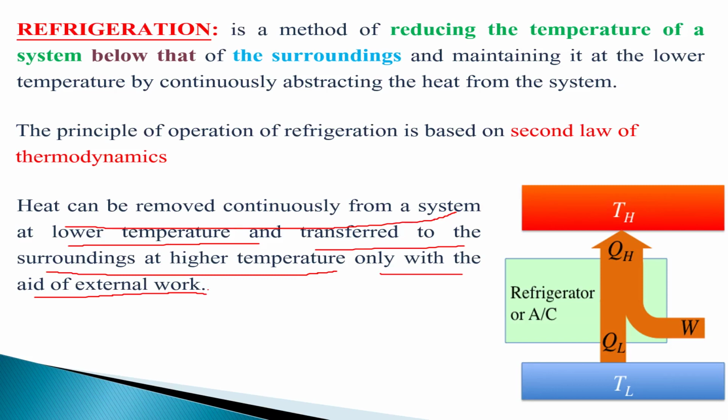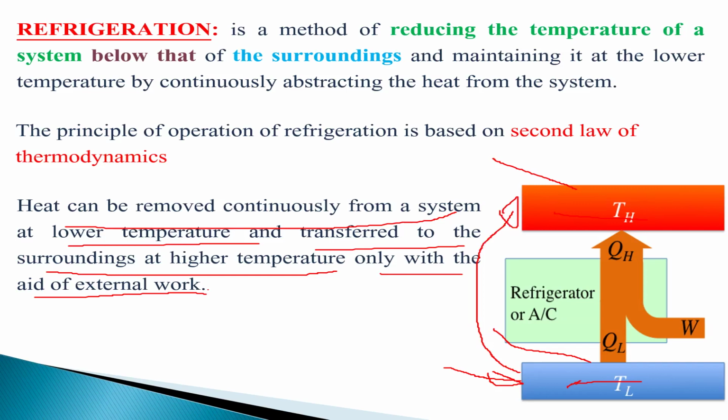Now we consider this diagram. There are two systems. One is at lower temperature TL, the other one is at higher temperature TH. This blue colored space is to be maintained at a very low temperature. We have to remove the heat from this, and that heat is to be rejected to the system which is at higher temperature.